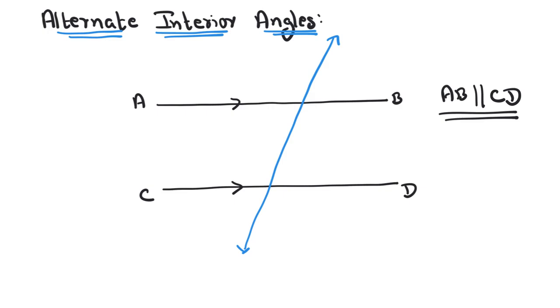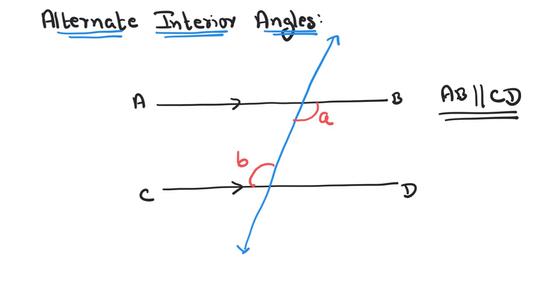Now let us try to figure out what are alternate interior angles. Observe carefully. This angle and this angle are called alternate interior angles. And when two lines are parallel, alternate interior angles will be equal.